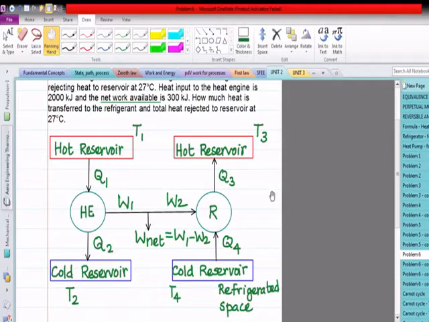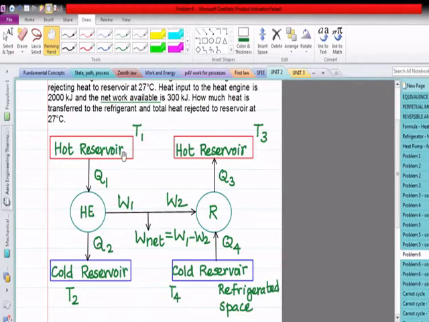So this is how we have to draw the block diagram for a combined heat engine refrigerator problem. For the heat engine, we have two reservoirs, hot reservoir and cold reservoir. Similarly, for the refrigerator, we have a cold reservoir and a hot reservoir. We can give the notations as shown in this figure.